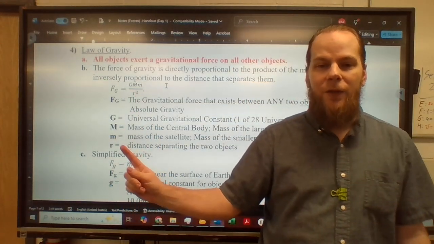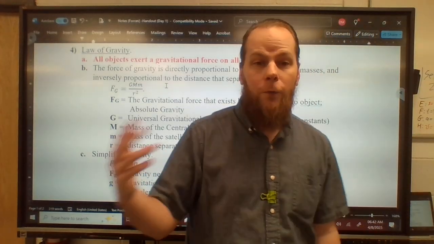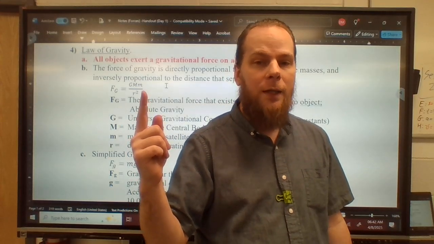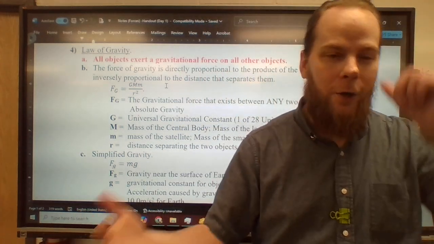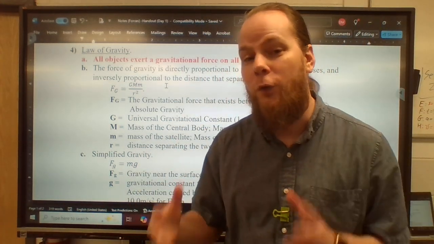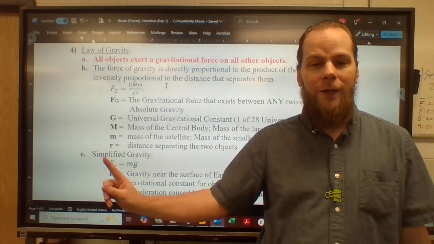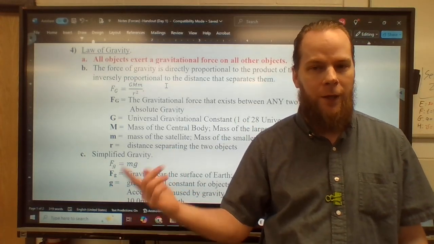Okay, little m is the mass of the satellite, or the mass of the smaller object. So for Earth and the moon, little m is the mass of the moon. For Earth and the sun, little m would be the mass of the Earth, because the Earth is significantly smaller than the sun. The moon isn't that much smaller than Earth, but the Earth is way smaller than the sun is. And then r is the distance between those two objects, how far apart they are.